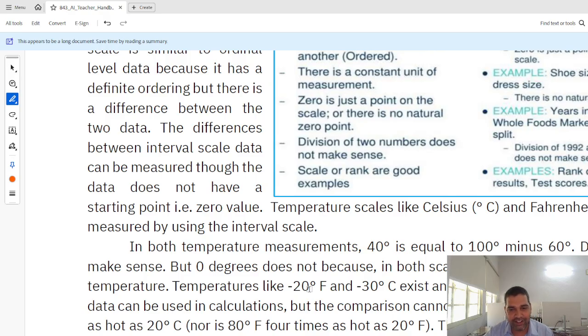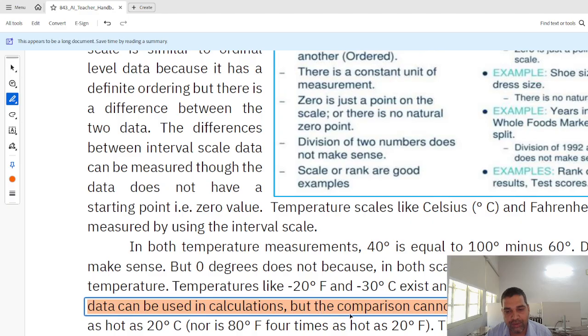Yes, minus 20 degrees Fahrenheit will be colder than 0, but it is not below the freezing point. Minus 30 degrees Celsius clearly means it is below the freezing point. So interval level data can be used in calculations, but the comparison cannot be done. So basically this is the important point, that interval level data can be used in calculations, but you cannot use ratio comparisons.